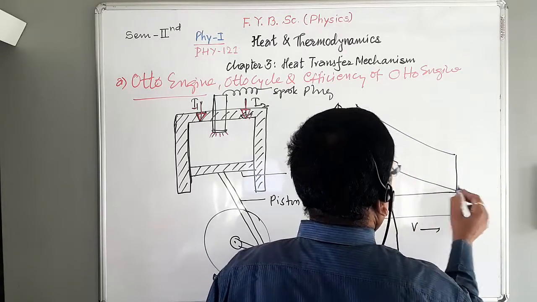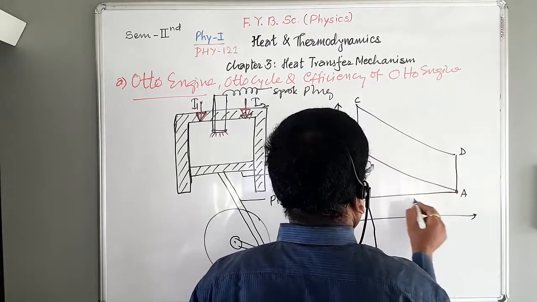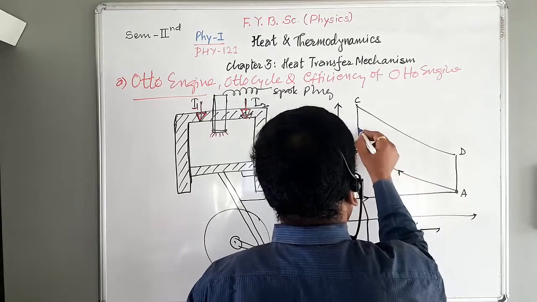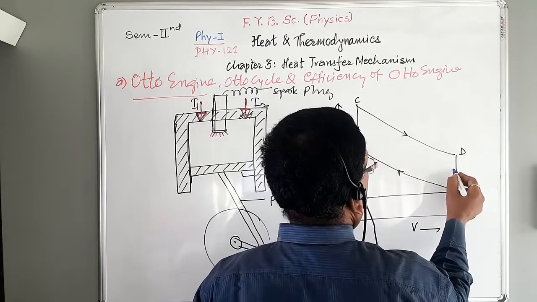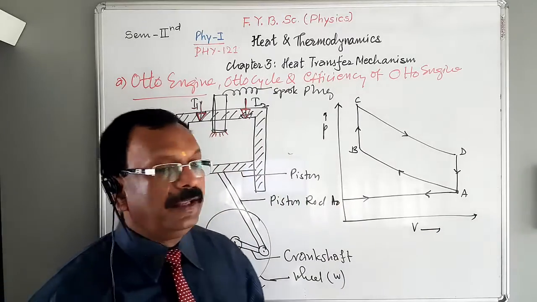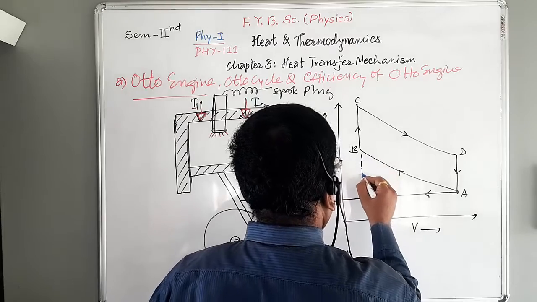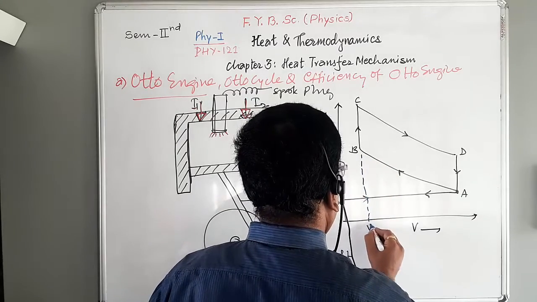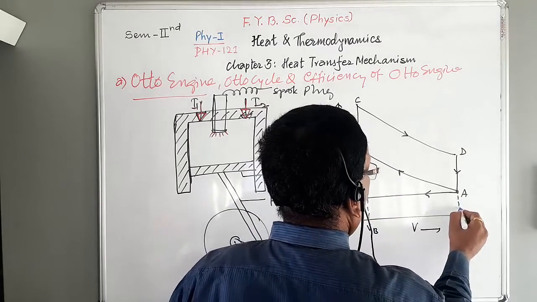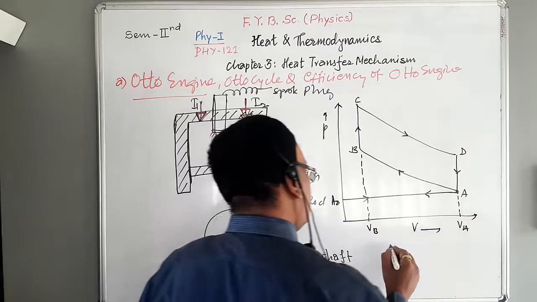A0 to A, B, C, D. This is the diagram of Otto cycle.